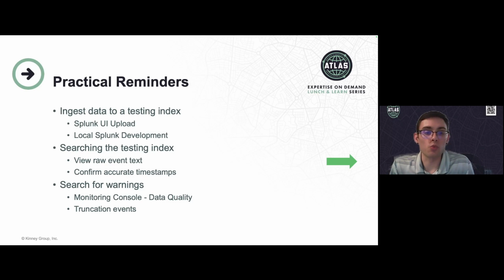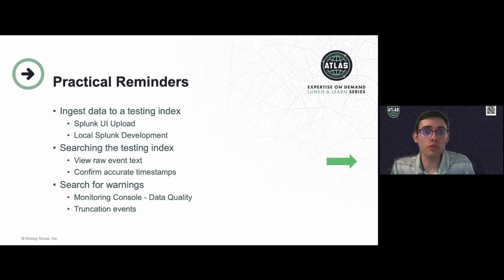And we have a place where we can work through the process. We ingest the data, and we can look at our raw event text. We can search that index, see what's usable, see what's missing. We can check our timestamps to make sure that everything based on the raw text in samples that we look at matches the value that Splunk has pulled out.